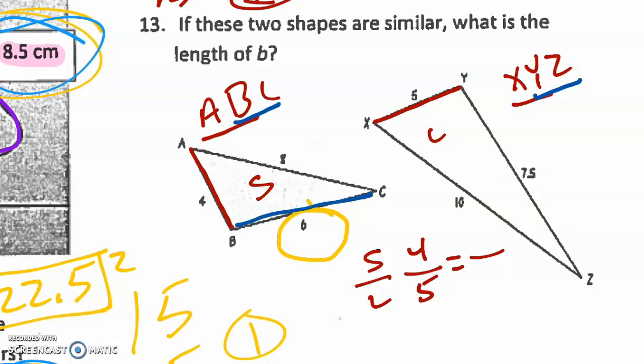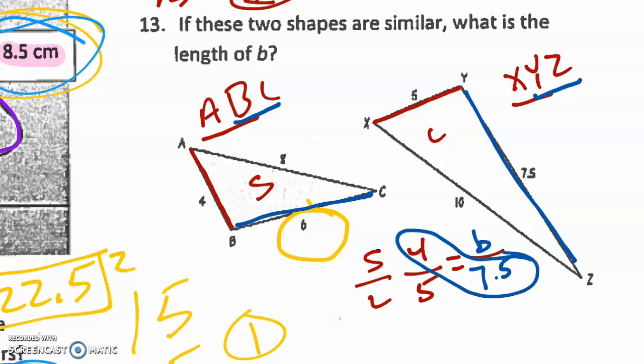BC, YZ. So BC is on the small triangle, that is the B. And YZ is, I think that's 7.5. 7.5. So now we can just set up the proportion. It's already done. Cross product and divide.